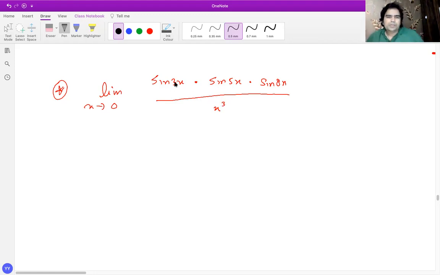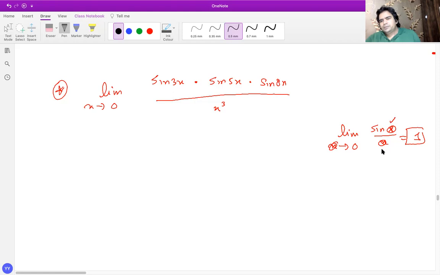What we are going to do is apply the formula: limit as x tends to 0 of sine x over x equals 1, or sine theta over theta equals 1 as theta tends to 0. Whatever the angle is out here, make sure that you have the same here as well.